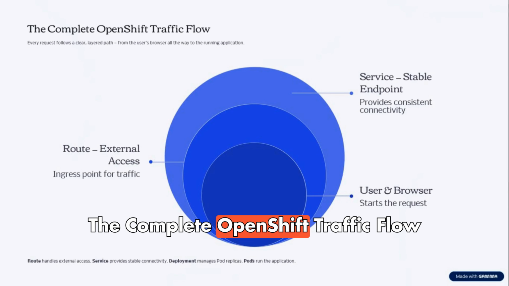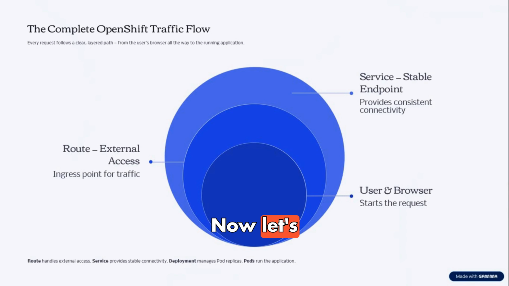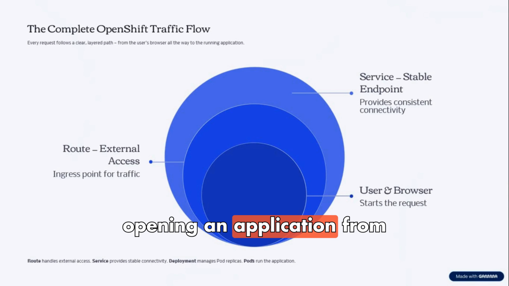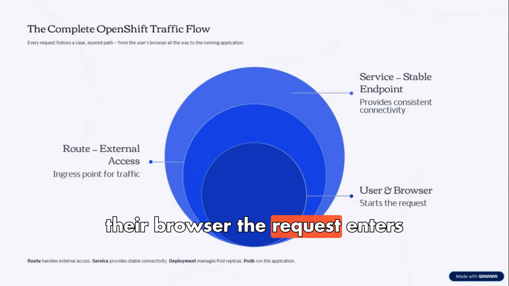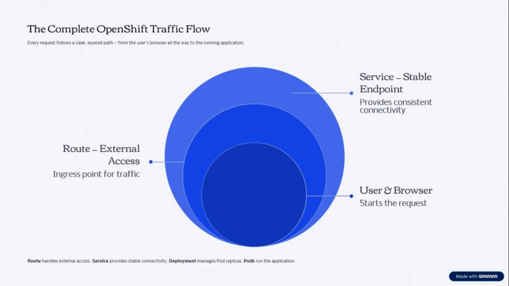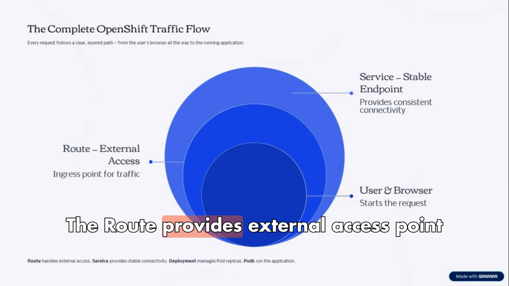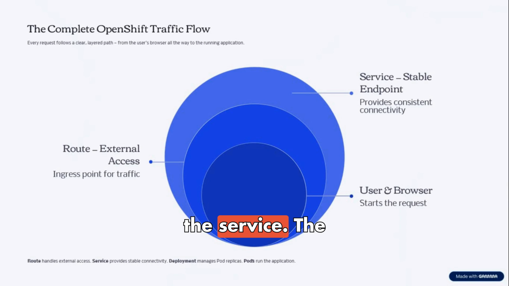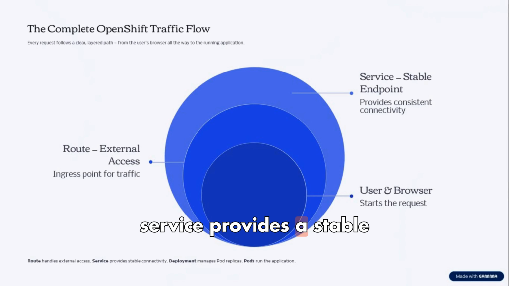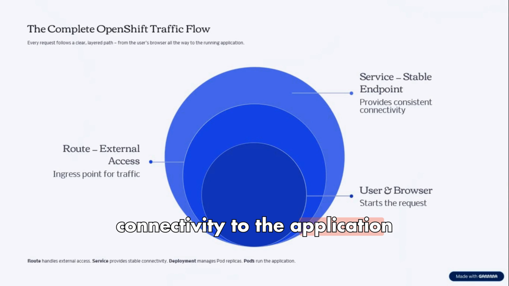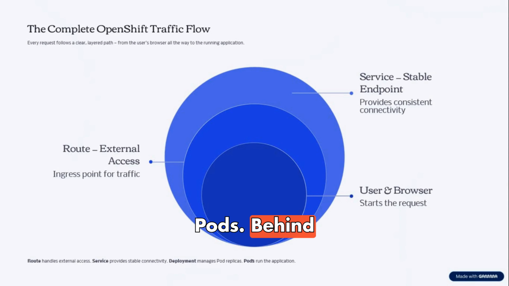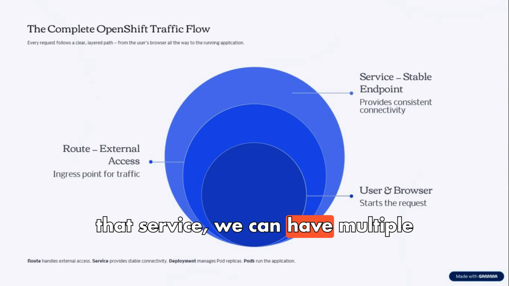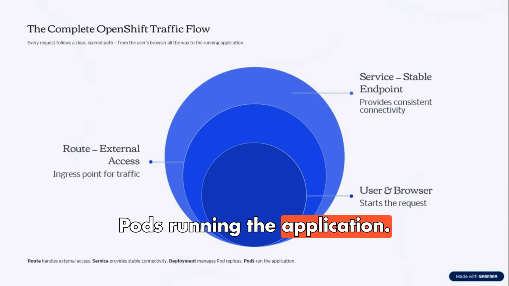The complete OpenShift traffic flow. Now let's put everything together. A user starts by opening an application from their browser. The request enters OpenShift through the route. The route provides the external access point for the application. From there, the request reaches the service. The service provides stable connectivity to the application pods. Behind that service, we can have multiple pods running the application.